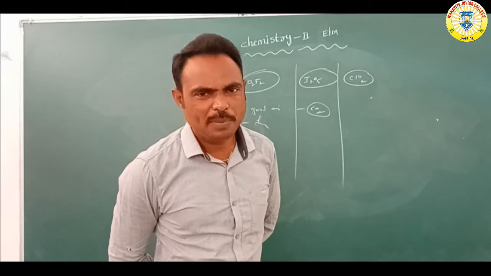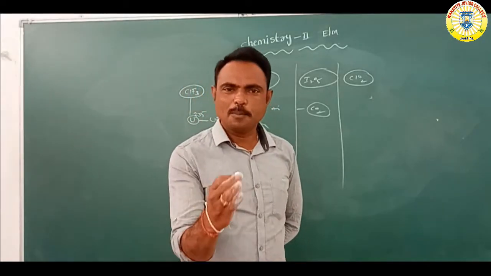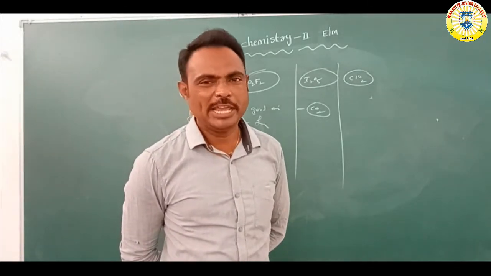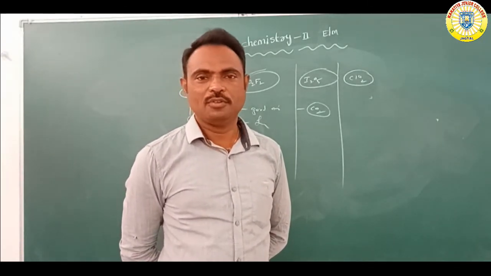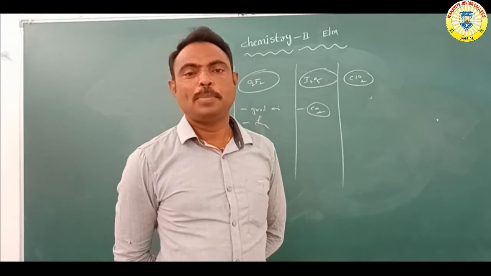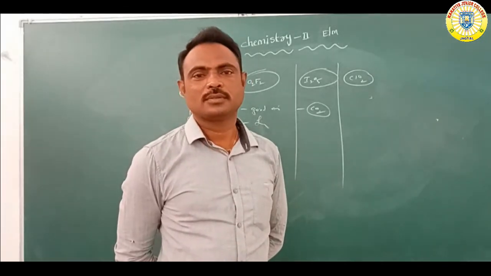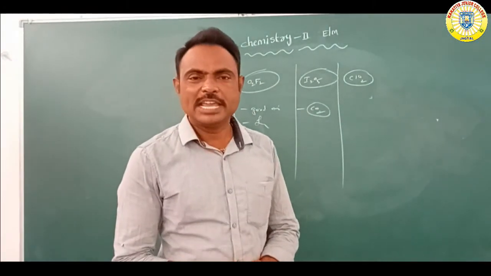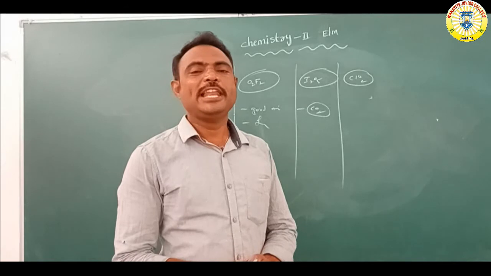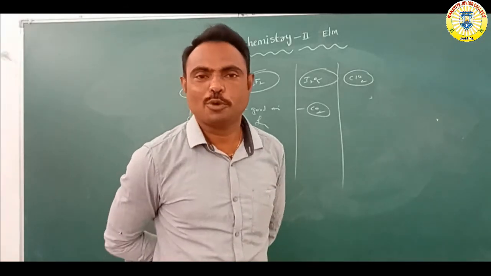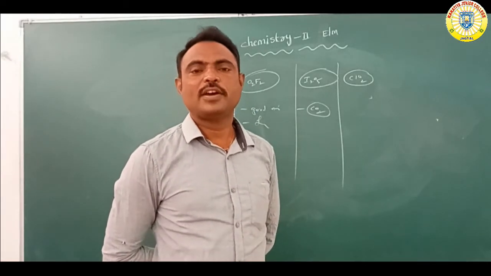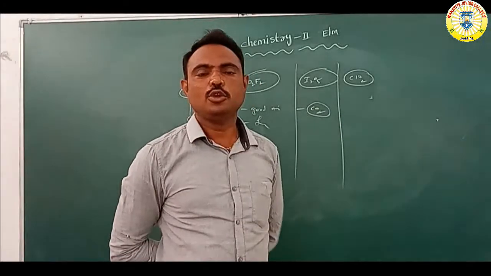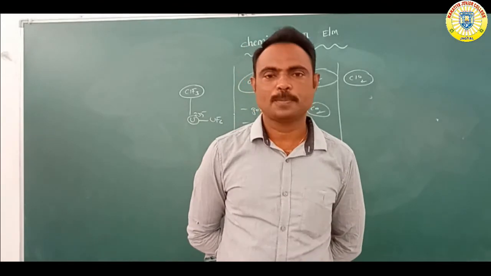What is the meaning of bleaching? Colored compounds are converted to colorless compounds. It is mainly used in textile factories and paper industries, and different industries. At the same time, it is used in the chlorination process for purification of water. So these are all the uses of different types of compounds.